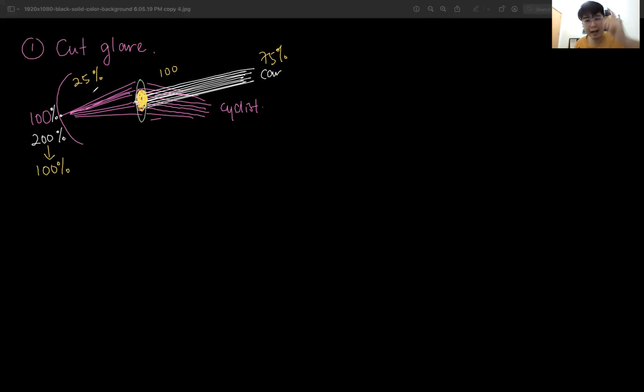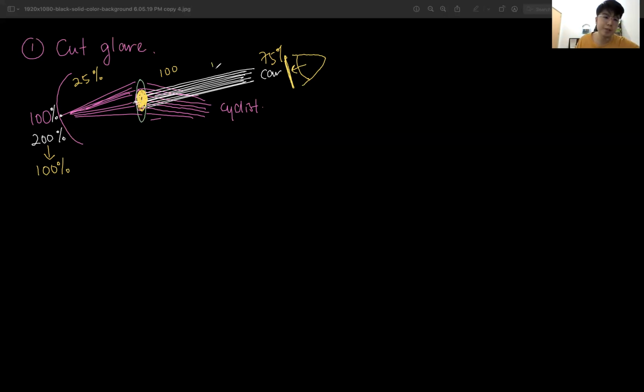Okay, glare. So the polarization is used to cut glare. How does it cut glare? In the headlamp of the car, we use a polarizer. We put a polarizer in the headlamp. When the light comes out, it goes through this polarizer and the intensity is reduced.